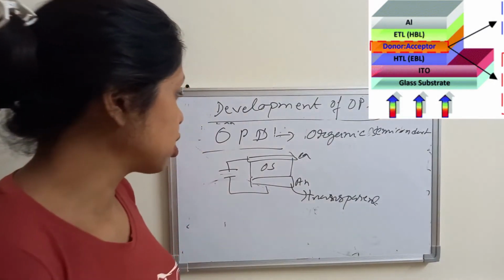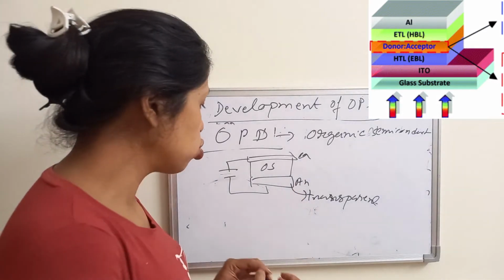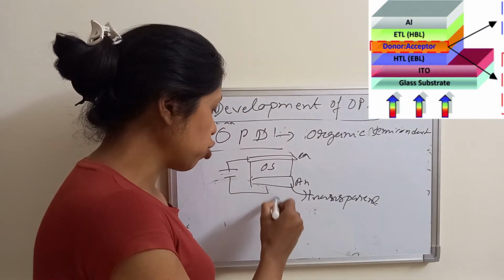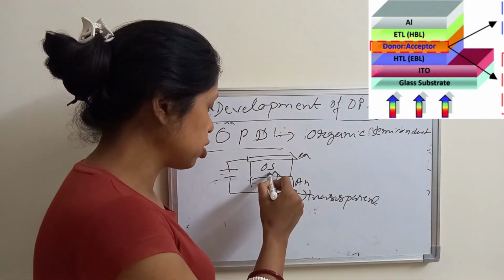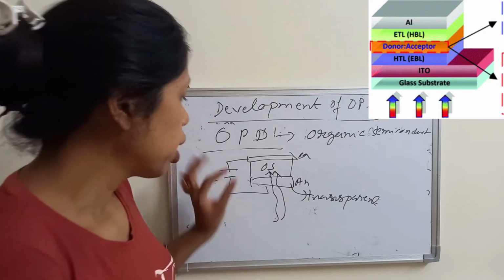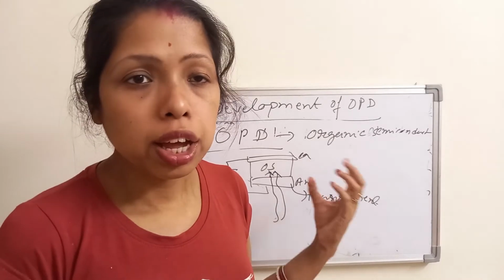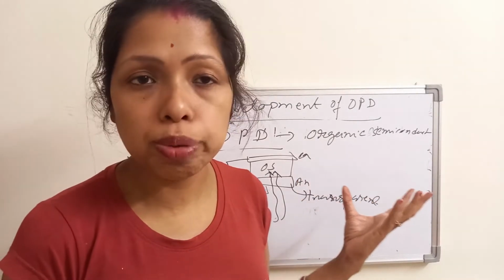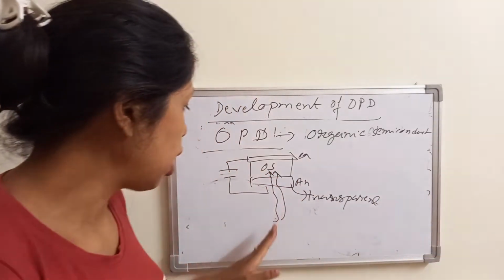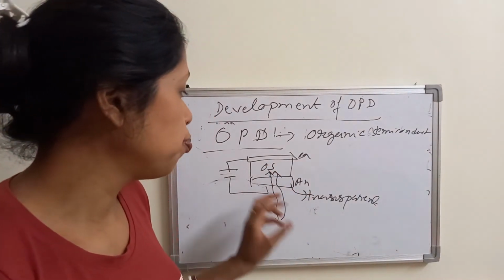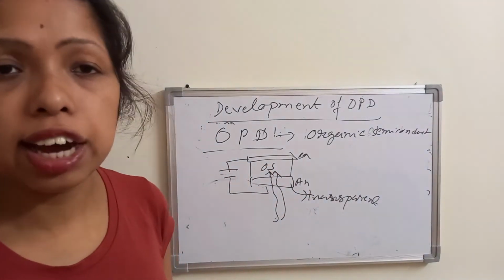So how will this organic photodetector work? The light will be transmitted into the device through the anode. Here the electron hole pair will be produced by the photoelectric effect. Inside the organic semiconductor layer, the electron hole pair will be dissociated into free carriers by a strong electric field, which may be internal or external.